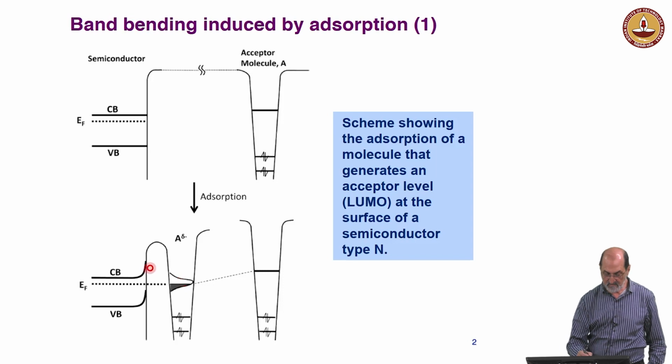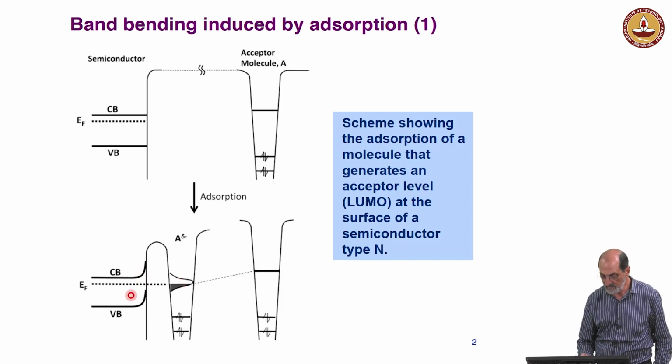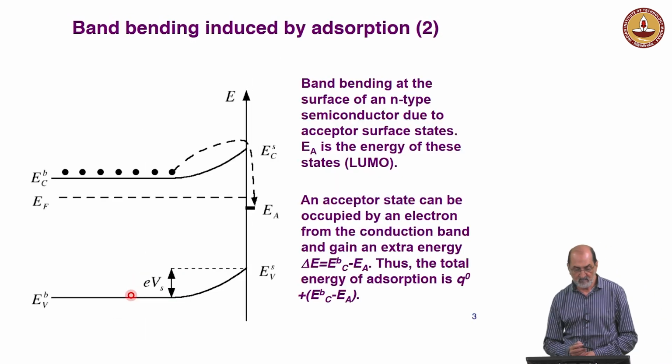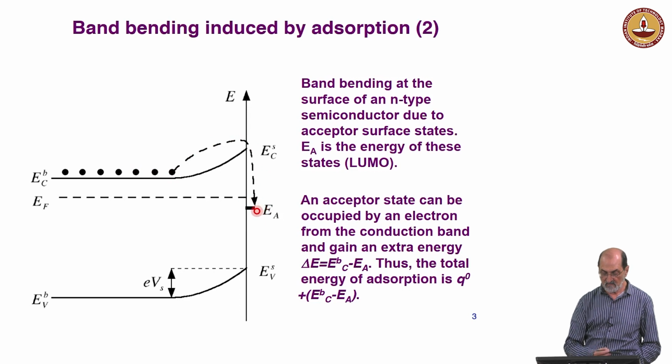People typically accept that it's about 1 electron volt below the conduction band for tin oxide. This is an N-type semiconductor, because tin oxide is N-type. As we said, the band bending is produced because we have acceptor levels here, and electrons from the conduction band have to jump here.